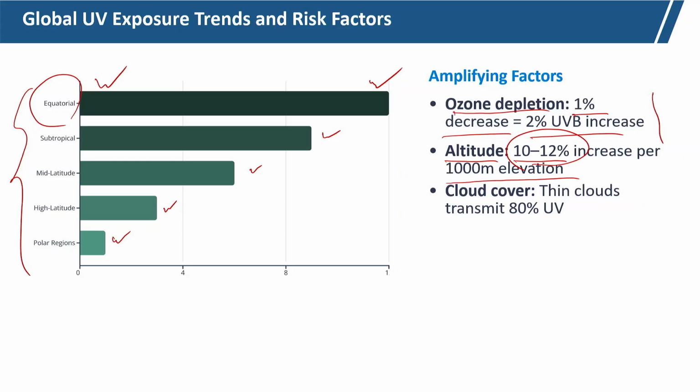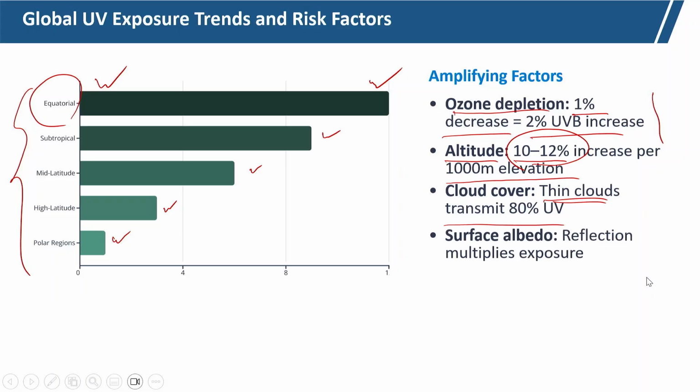And cloud cover: thin cloud transmits 80% of UV. That means whatever UV was supposed to come in clear sky condition, 80% will be transmitted, 20% will be blocked by the thin cloud, and if the cloud is thick, it will block more. Surface albedo, what is that? Reflection, multiple exposure.